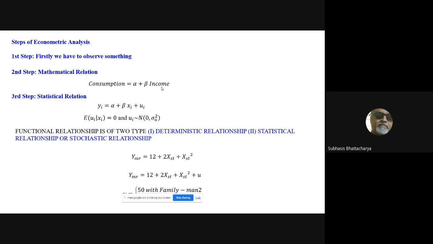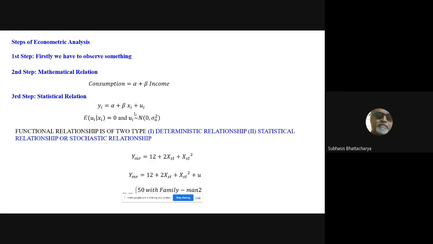But look, if it is not so, then what will happen? In reality, in most cases, we consider that it does not happen. So we are dealing with a relationship where x is the independent variable and y is the dependent variable, a functional relationship: yi is equal to alpha plus beta xi plus ui. If we consider only the alpha plus beta xi part, that is a mathematical relationship called a deterministic relationship.